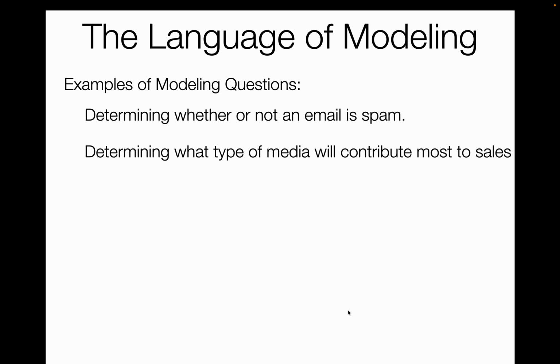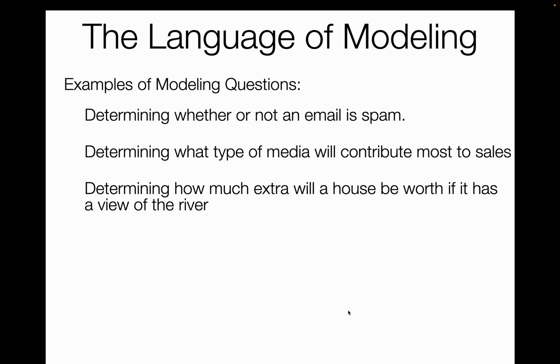That is an interpretation question. So it looks like social media seems to increase sales the most, more than newspaper, more than TV, more than email. The social media influencers seem to have the largest effect. So that's an interpretation question.